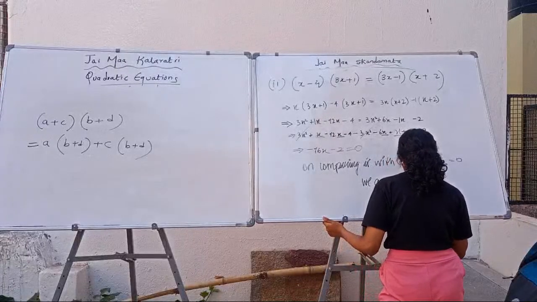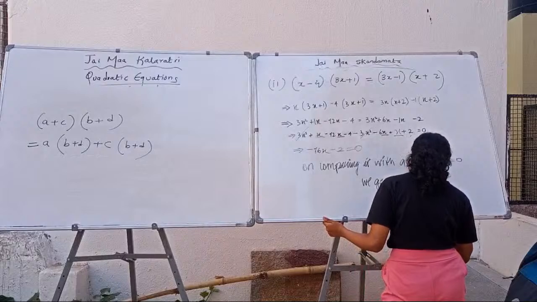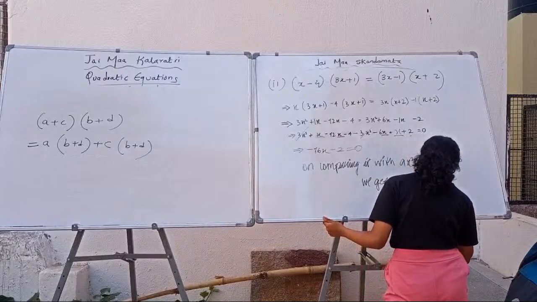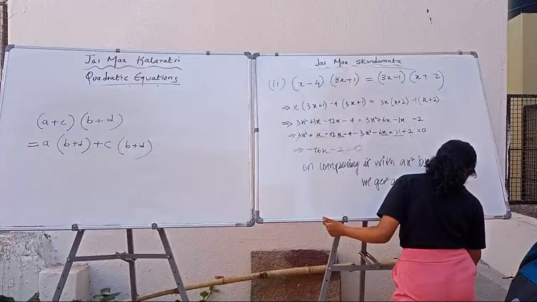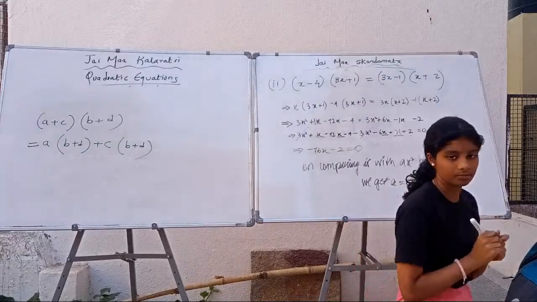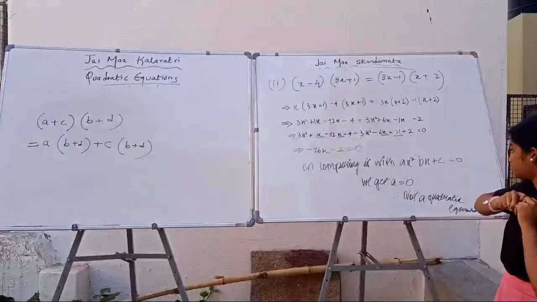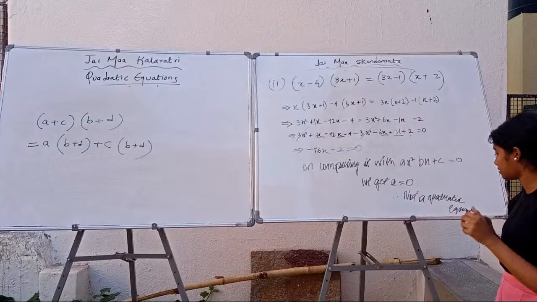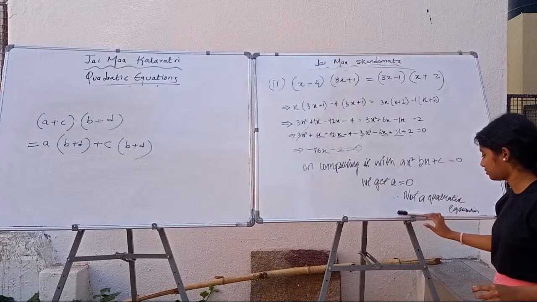Therefore, it is not a quadratic equation. You understood this? A cannot be 0. That's why this is not a quadratic equation.